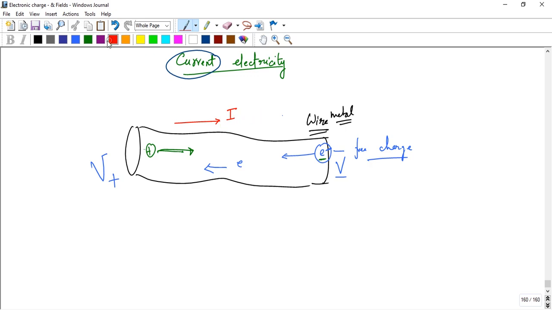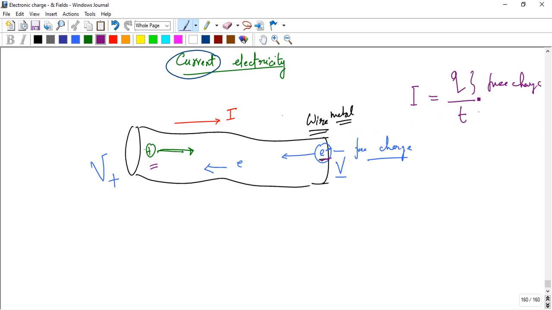The current I is equal to the flow of charge, whether negative or positive, with respect to time. This charge is free charge, and that's why you choose metal: getting free charge from metal is very easy.